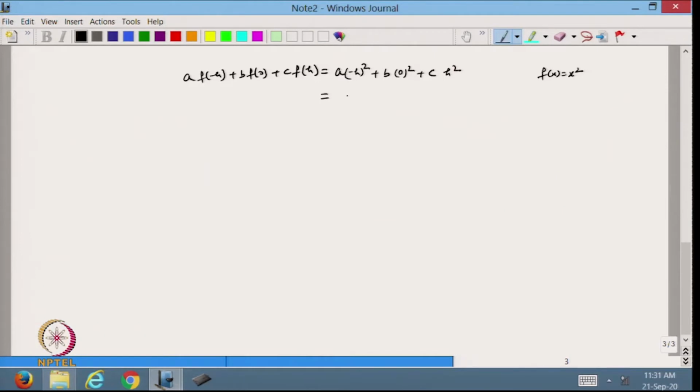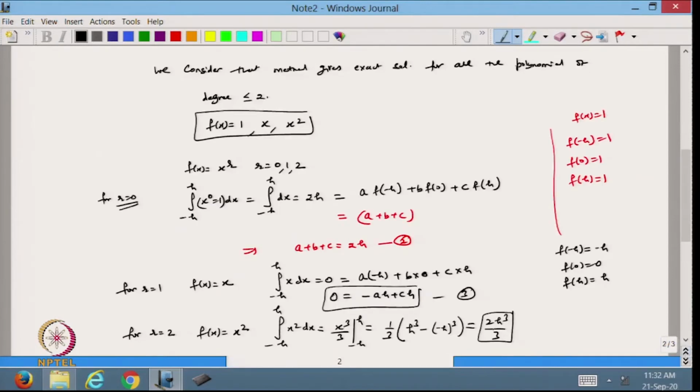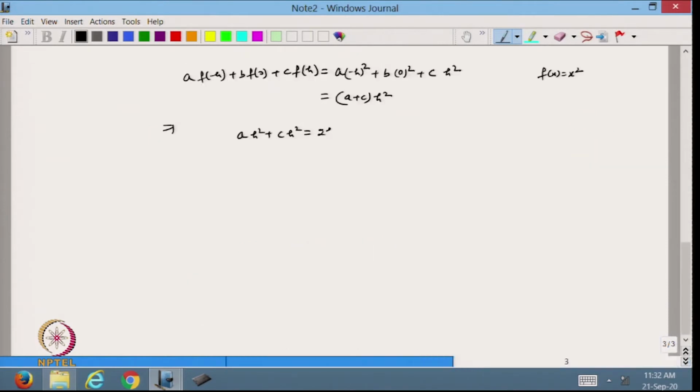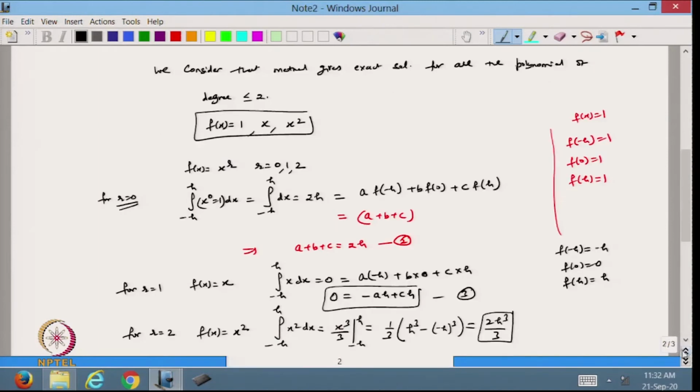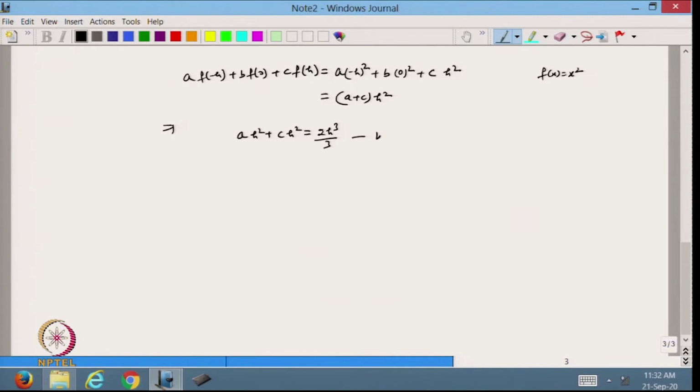So, I can write that this is equal to a h square plus c h square, and that is equal to the value we got, 2h cube by 3. That is the value. This is my equation number 4.